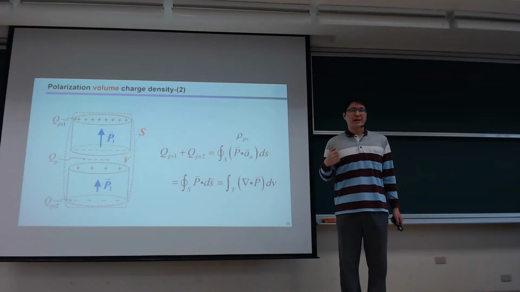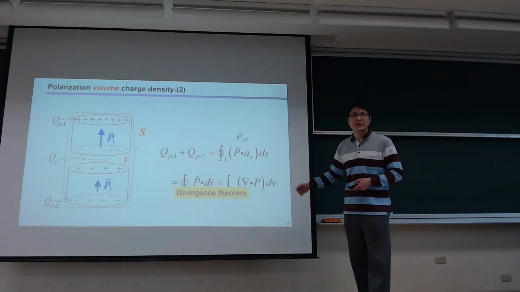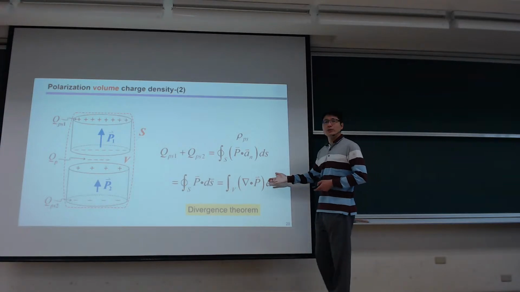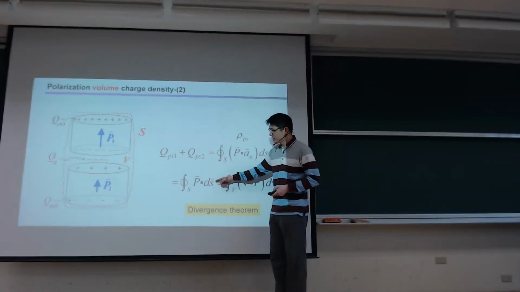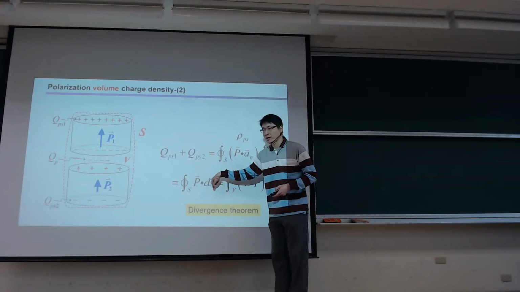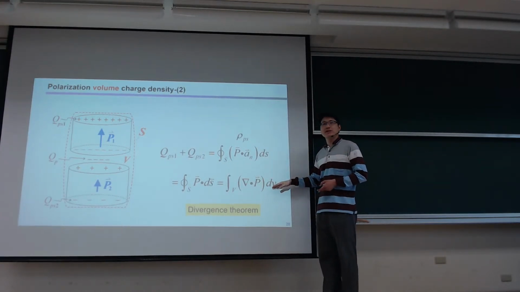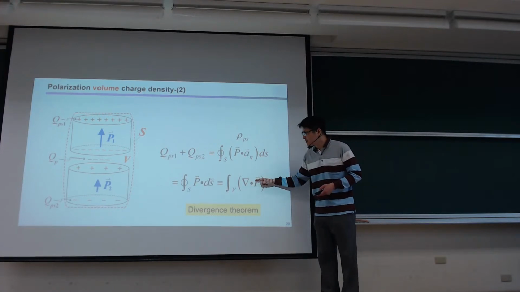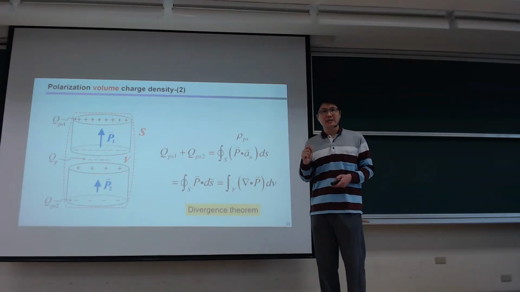You just finished your examination, but you're not getting away from divergence theorem. This is where we can invoke the divergence theorem. Initially, you have surface integration over the closed surface, and now we transform to volume integration. And somehow we can relate divergence P to the volume charge density.